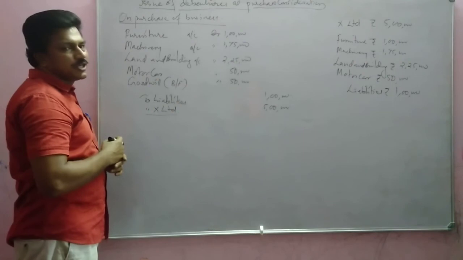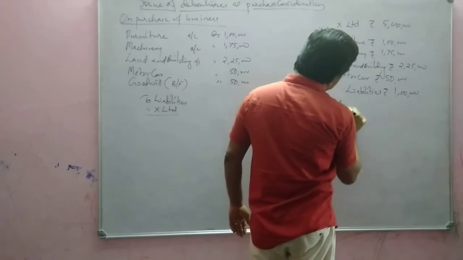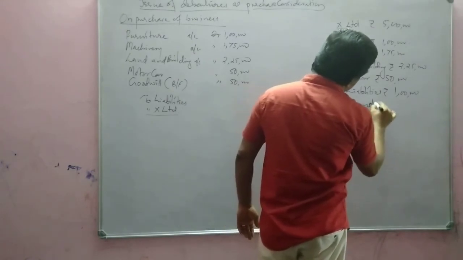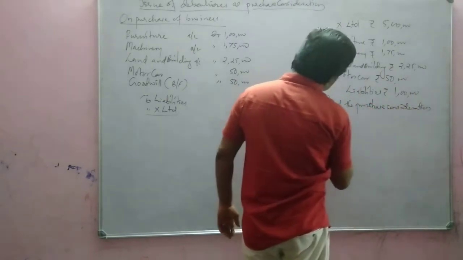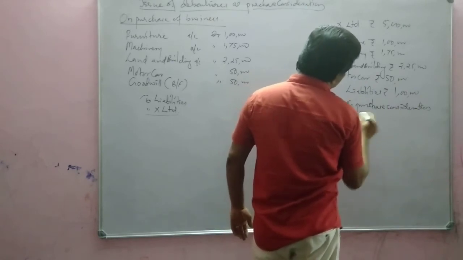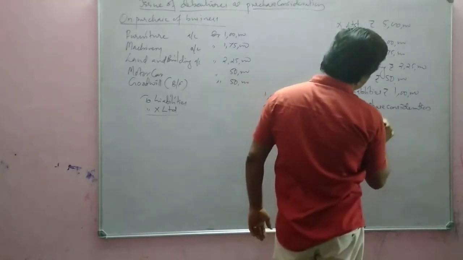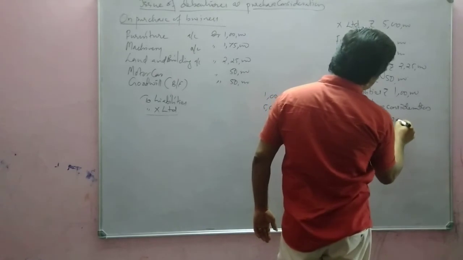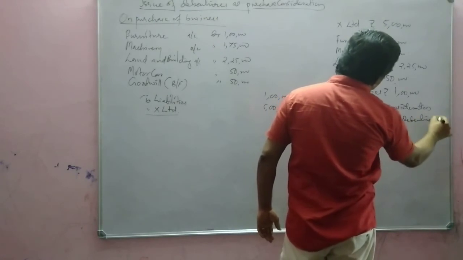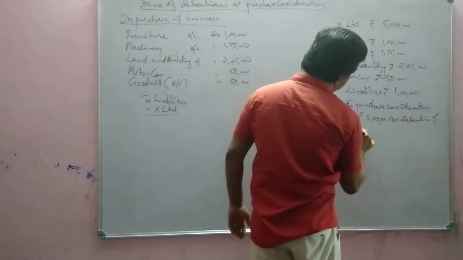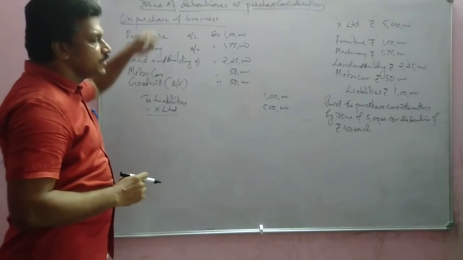Now, for this purchase consideration we are issuing debentures. For that what are we doing? We are paying the purchase consideration by issue of 5,000 10% debentures of rupees 100 each. 10% debentures are issued for the value of consideration at rupees 100 each.